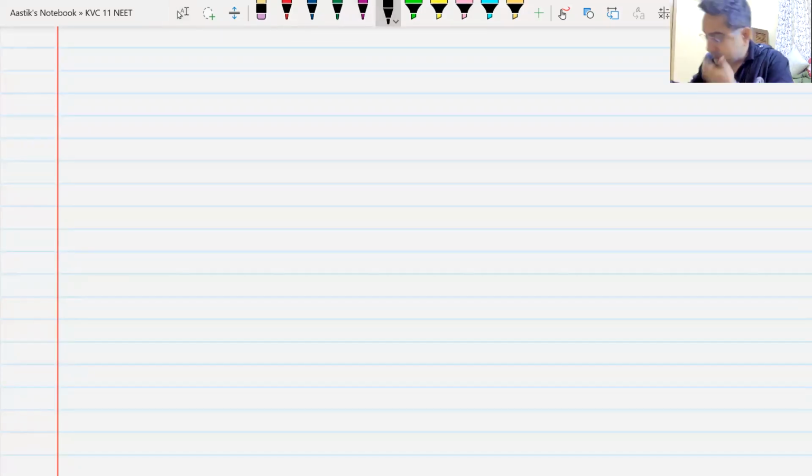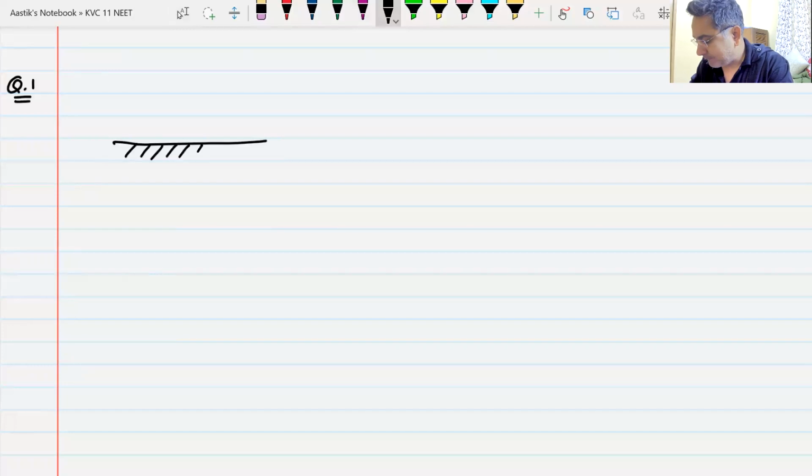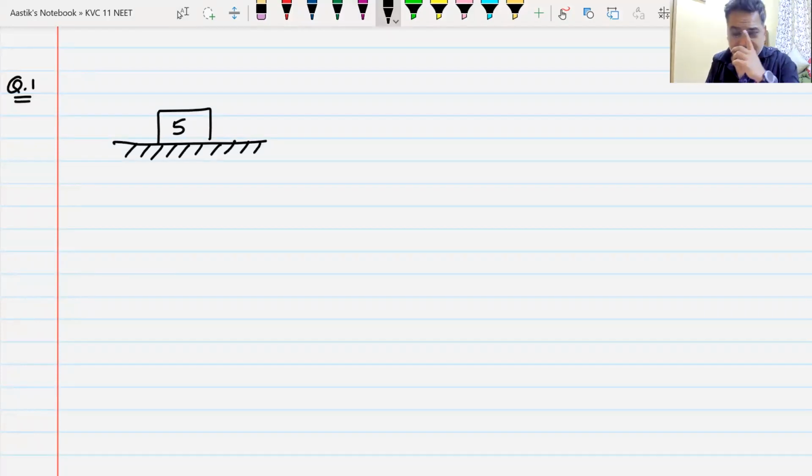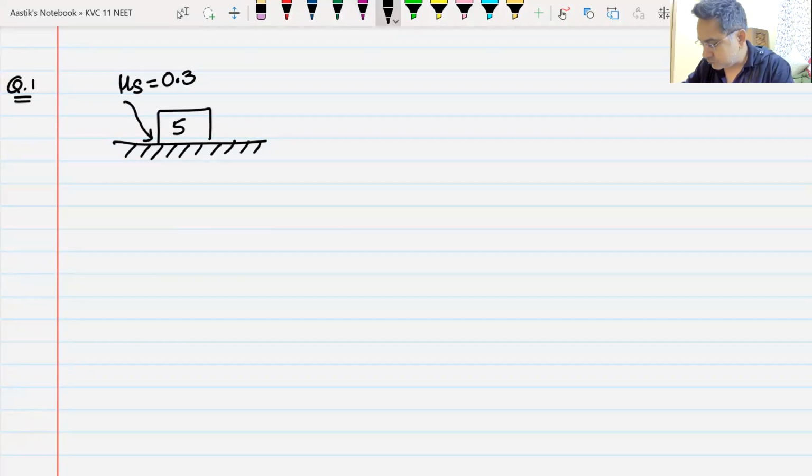Now let me frame a question for you. This is a body of 5 kg. The coefficient of static friction, mu s, is 0.3. I apply a force of 5 Newton on the body.